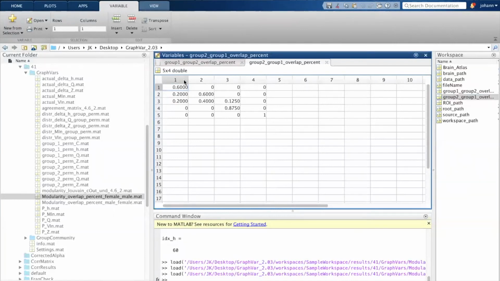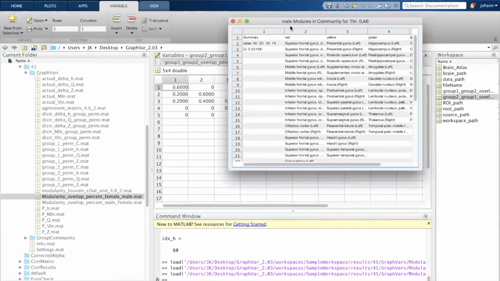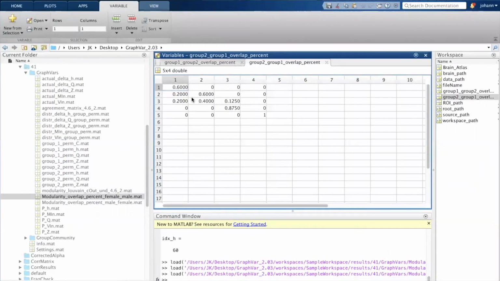And we see that module 1, which we know is the big module, we can just toggle back here. Module 1 in the males is the really big one with 40 nodes. This is distributed among the modules of the females to 60% in module 1, to 20% in module 2, 20% in module 3, right? So this big module is actually distributed among the three modules here.